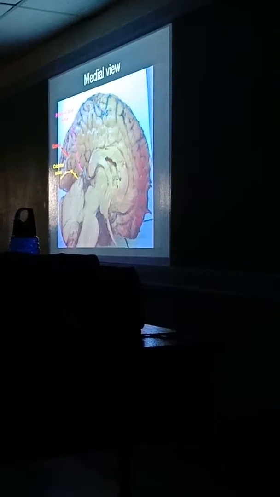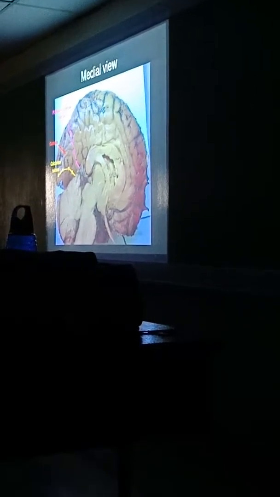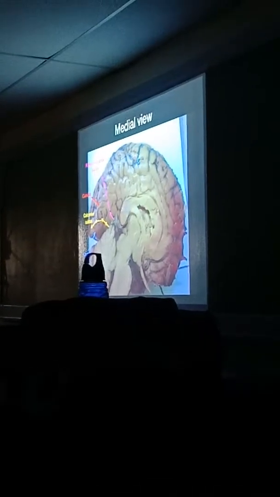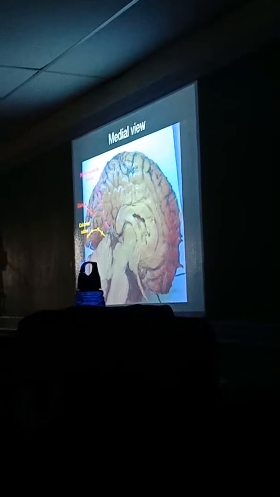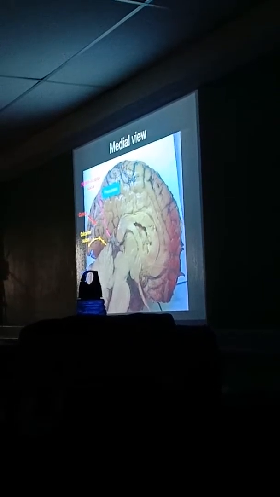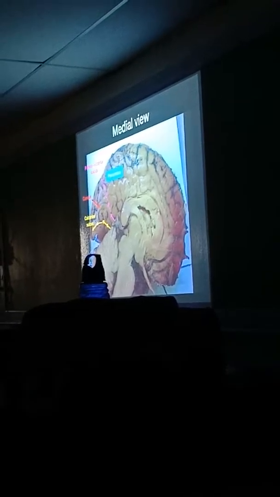Now inferior to the calcarine sulcus is the gyrus called your lingual gyrus. If there is cuneus, there is precuneus. Now, this precuneus is found anterior to your parieto-occipital sulcus.